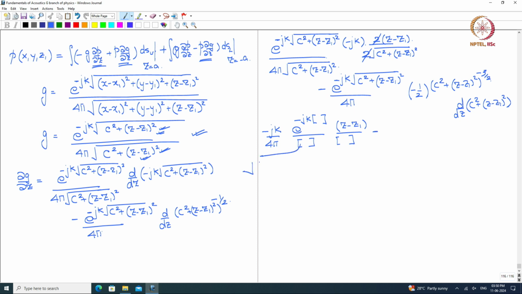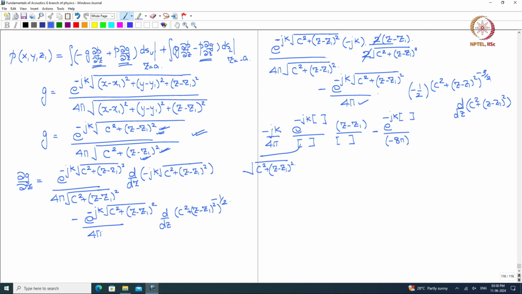This is square root of c squared plus (z minus z1) whole squared, minus again e to the power of minus jk, this entity, over 8 pi.